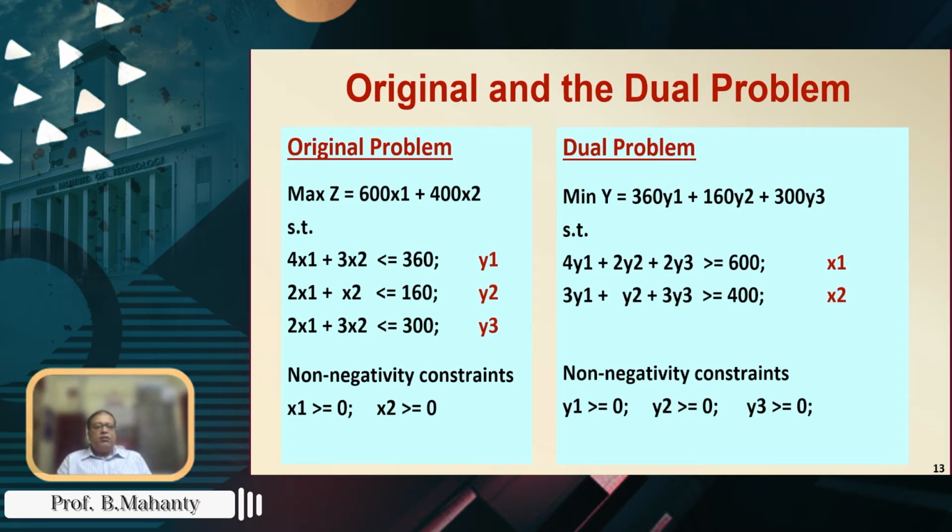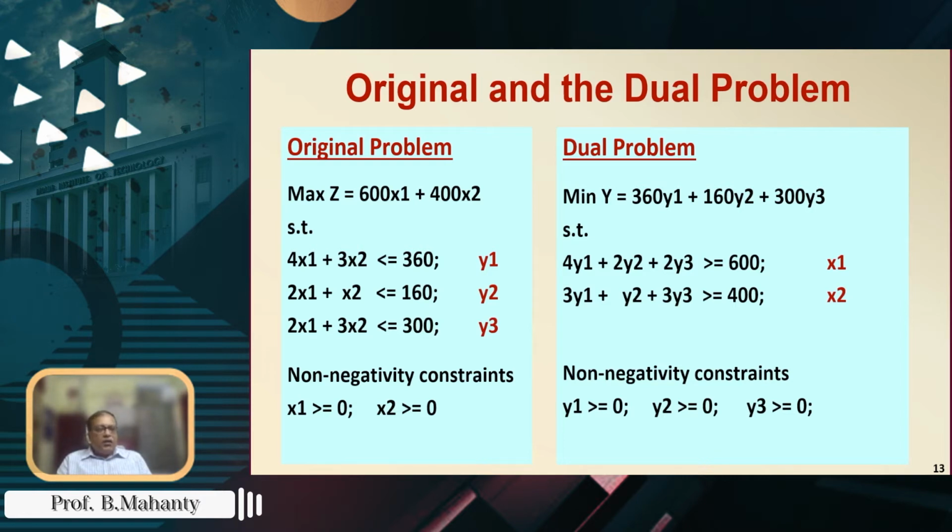Here is the primal constraint 4x1 plus 3x2 less than or equal to 360. Now y1 is the dual variable associated with it, y2 with the second constraint, and y3 with the third constraint. Now, what are your B values? B values means the right-hand side of each of these constraints, so they are 360, 160, and 300.